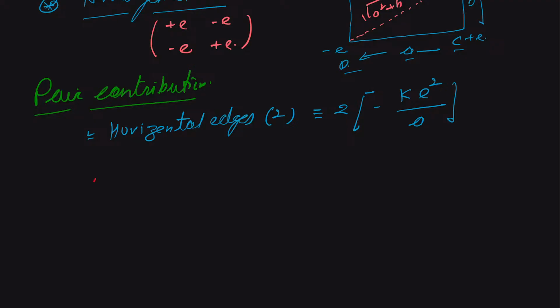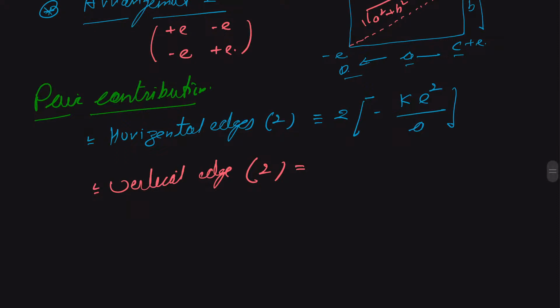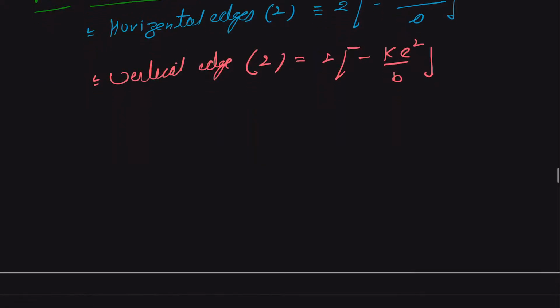Then we come to our vertical edges. And there are also 2 vertical edges, AD and BC. The distance between them is B, and this comes as minus K E square upon B. And similarly, there will be 2 diagonal edges.